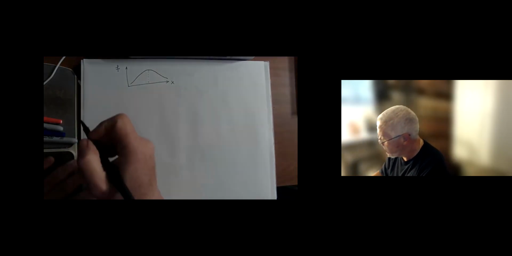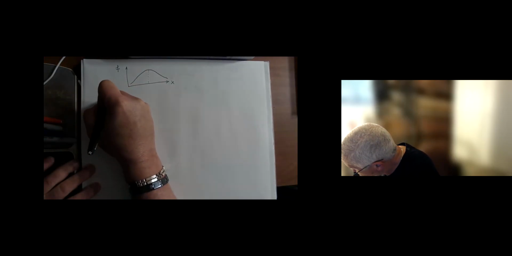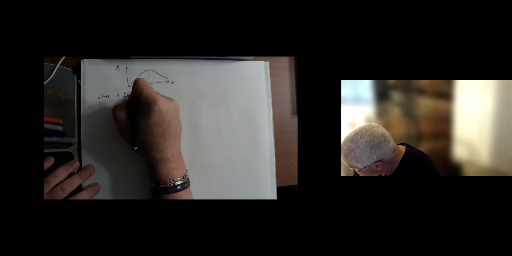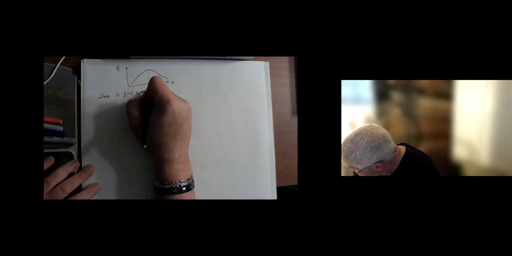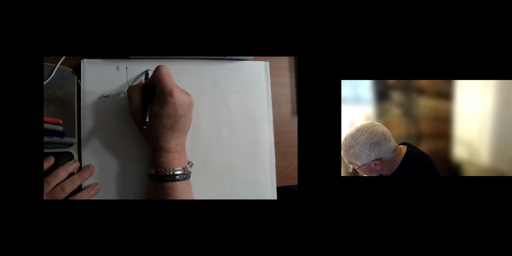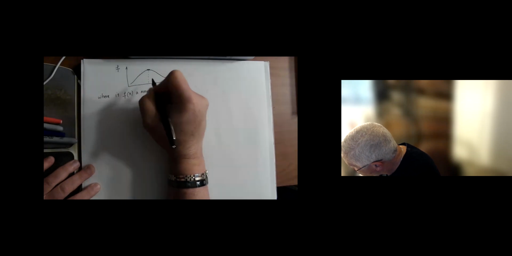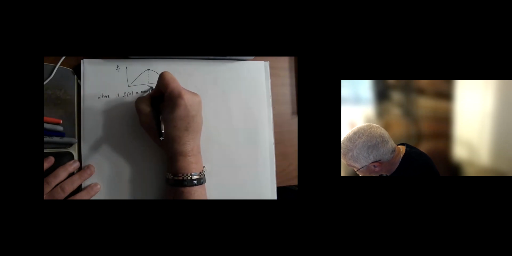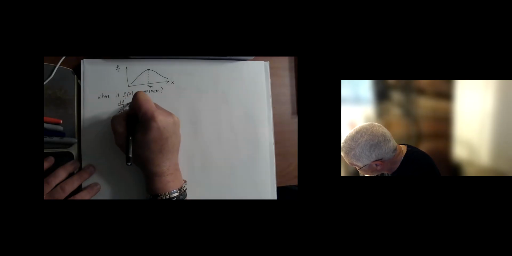And I ask you, where is the function f a maximum? If you remember your basic calculus, you're going to tell me it's right here, let's call it xm. Specifically, it's where the derivative of f with respect to x is equal to 0.